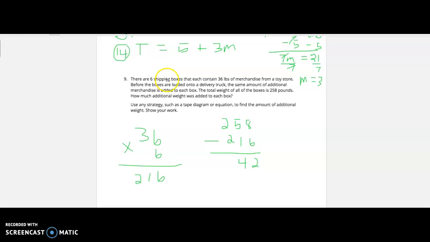So that means if they're going to be placed evenly into the 6 boxes, we can take the 6 boxes and the 42 extra pounds that it took to get to 258. So 7 times 6 is 42. So 7 pounds were added to each box.